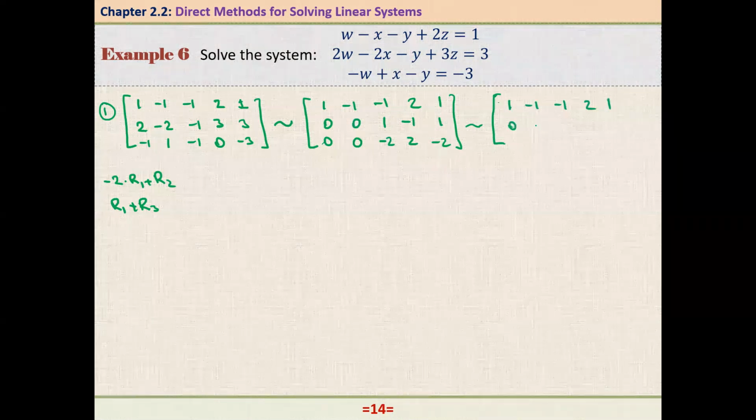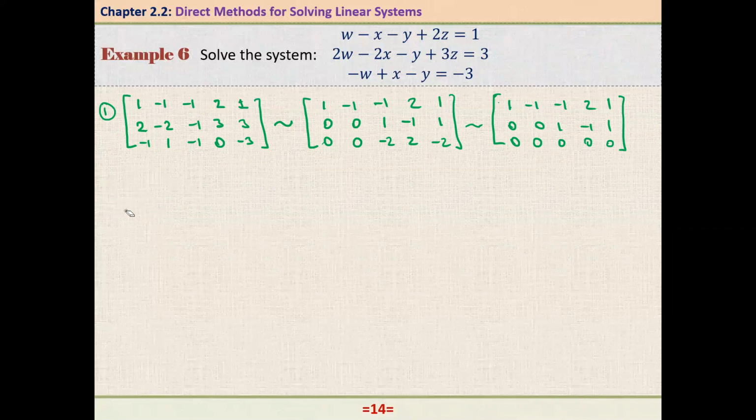So here we have 0, 0, 1, -1, 1. Then 0, 0, 2 plus -2 is 0, -2 plus 2 is 0, 2 plus -2 is 0. All right, so I don't need this. Let me just erase this.